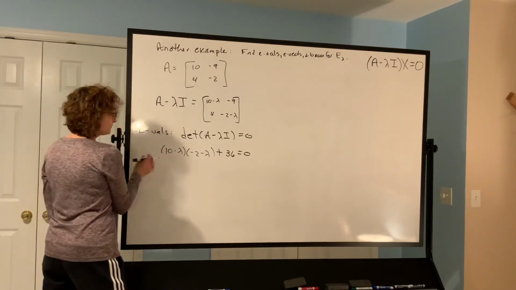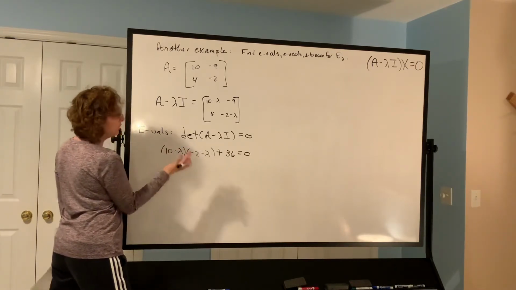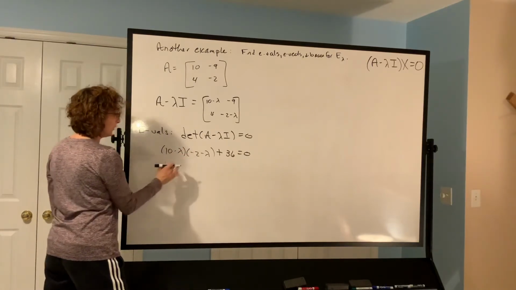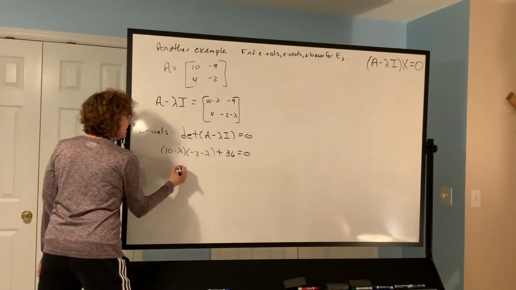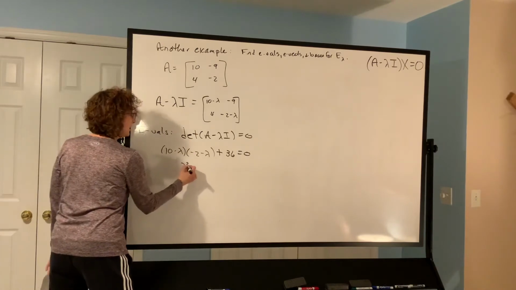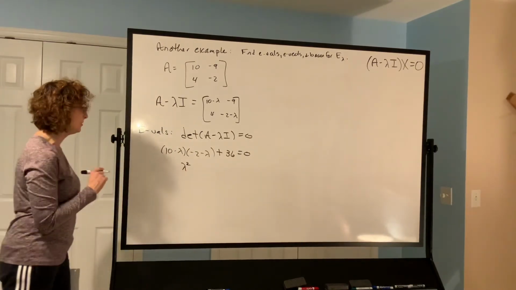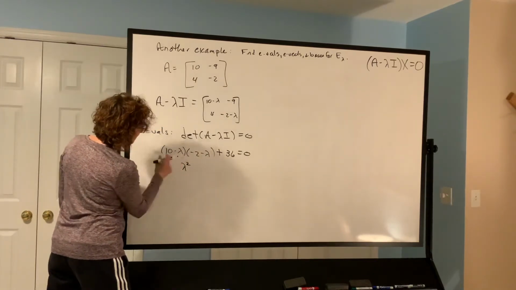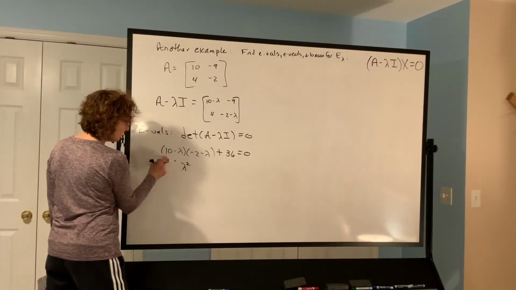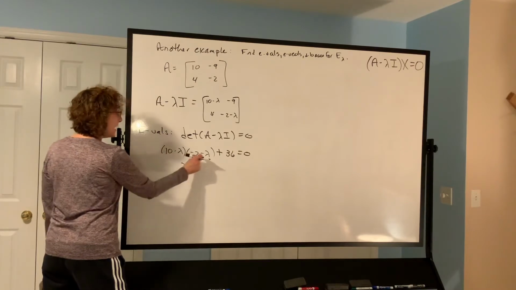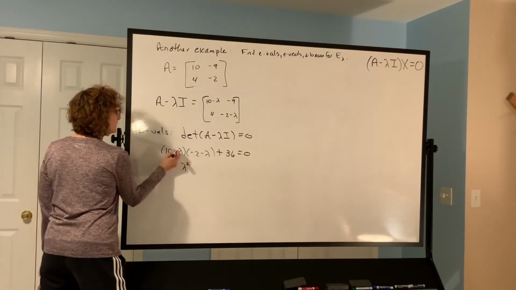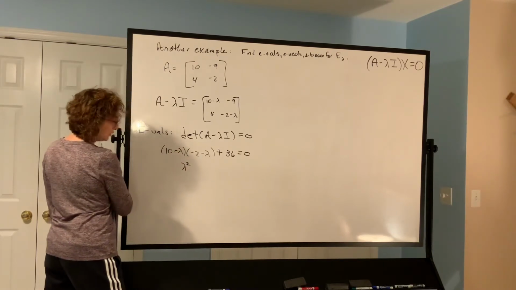So you got to FOIL judiciously here so that you get your lambda squared in the front. Minus lambda times minus lambda is lambda squared. So I did the firsts, now I'm going to do the mixed terms. I'll get a minus 10 lambda plus a 2 lambda.